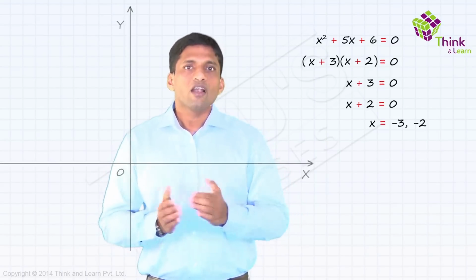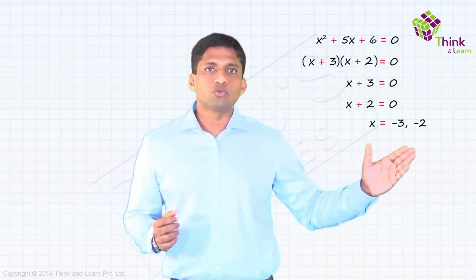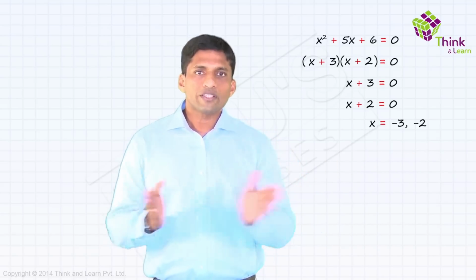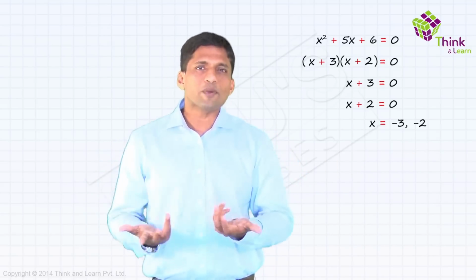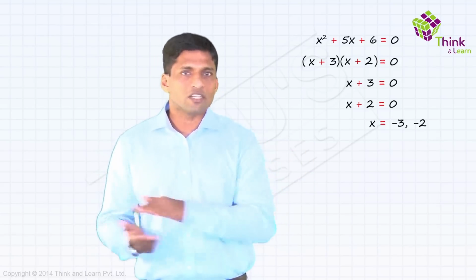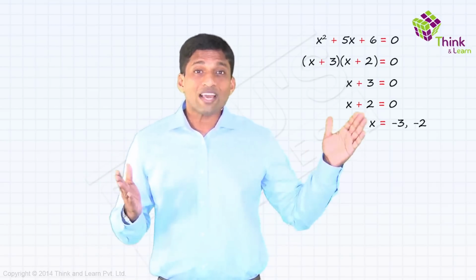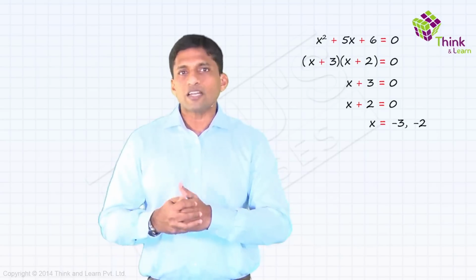That is why, when x equal to minus 3 or when x equal to minus 2, the rectangle is disappearing, because either length is becoming 0 or breadth is becoming 0. That is, from being 2-dimensional, you are making it 1-dimensional. It's actually becoming a line. So there is no area. You can relate the two, what is happening here in numbers and what is happening in the diagram.